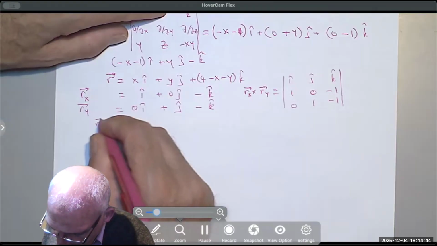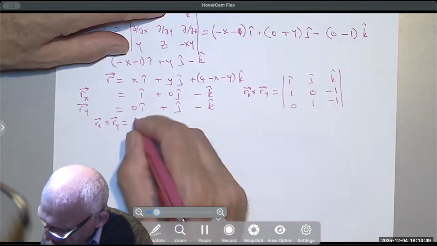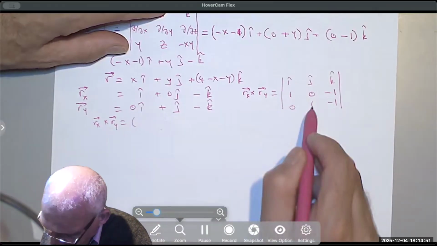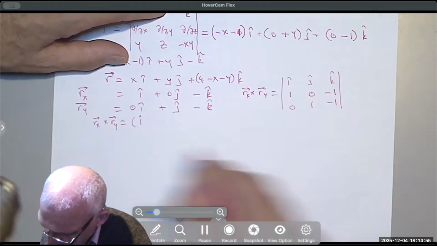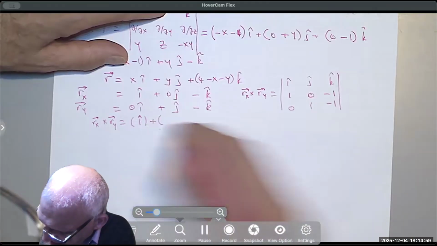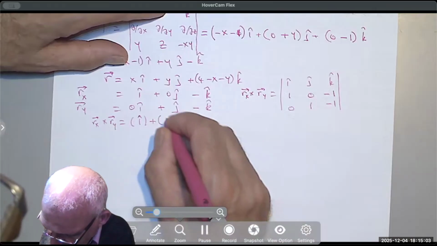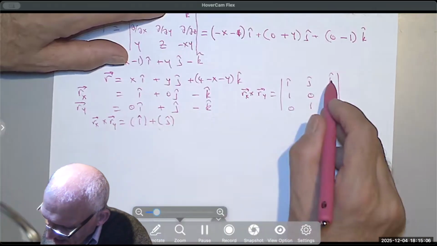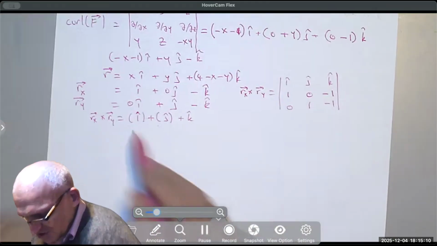So Rx cross Ry equals, in the i direction, I get 0 minus negative 1, I get 1 i. In the j direction, I get 0 minus negative 1, so j. In the k direction, I get 1 minus 0, so plus k. i plus j plus k.